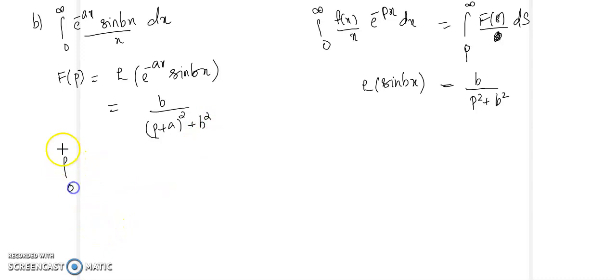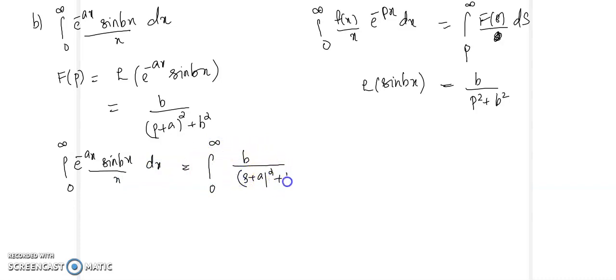So the integral 0 to infinity of e raised to minus ax sin bx by x dx will be equal to the integral 0 to infinity of b by (s plus a) whole square plus b square ds. So this is equal to tan inverse of (s plus a) by b from 0 to infinity.